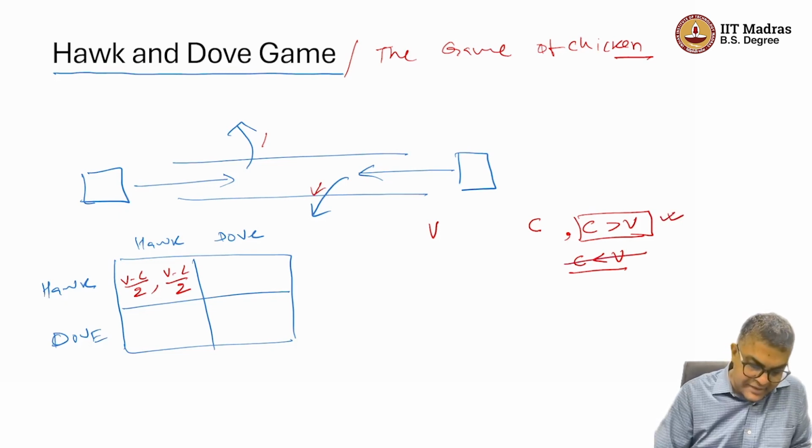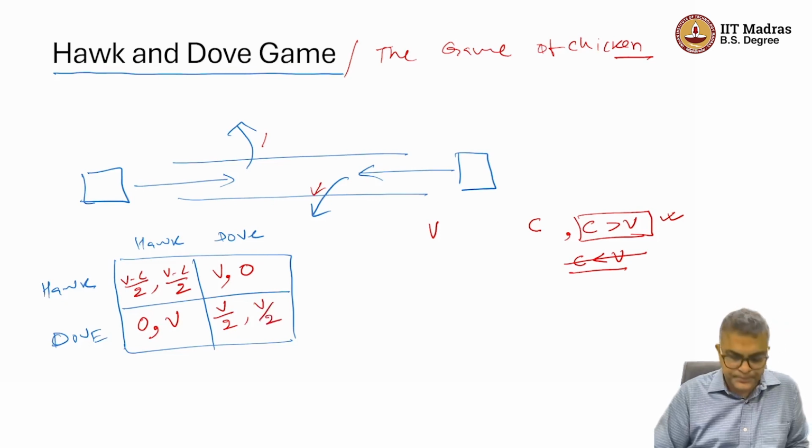And so if one acts as a hawk and the other as a dove, the hawk gets all the reputational value, that is V, and the dove gets 0. And here they split the reputational value. I think there was a movie in which there was a scene where two teenagers were driving towards one another.